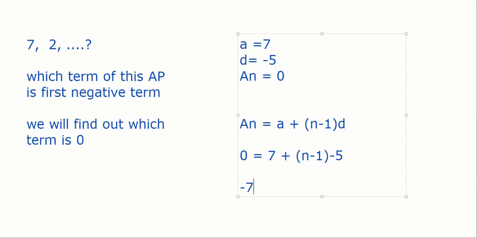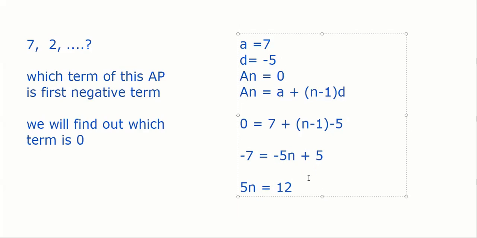So -7 equal to -5n plus 5, or 5n equal to 12, n equal to 12 by 5, and n equal to 2.4. So which term will it be? n should be greater than 2.4. So up to the second term it is positive.